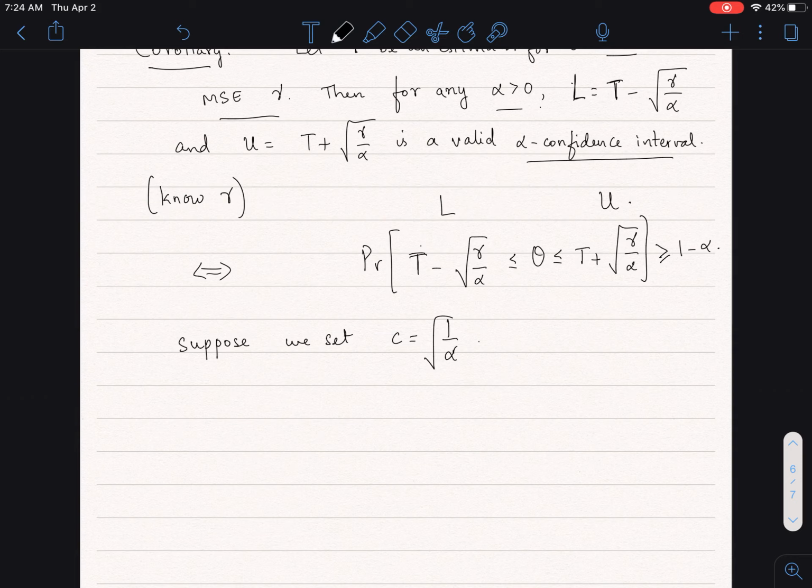Then this is the same as the probability that the absolute value of theta minus T is less than or equal to C root gamma. I succinctly wrote this as the probability that the absolute value of T minus theta is less than or equal to root of gamma by alpha, because that's the same thing. Sorry, this should be gamma. So these two are equivalent.